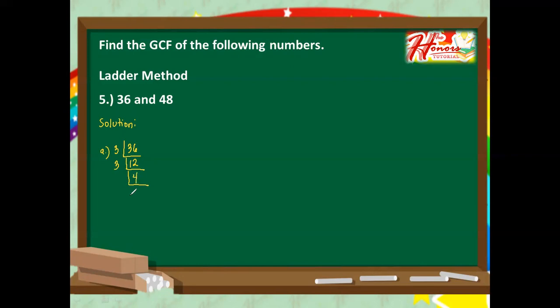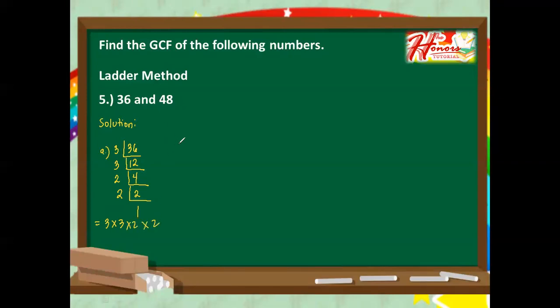Prime number that can divide 4, that is 2. 4 divided by 2, that is 2. And then prime number that can divide 2 is 2. 2 divided by 2 is 1. So therefore, for 36, we have here 3 times 3 times 2 times 2.